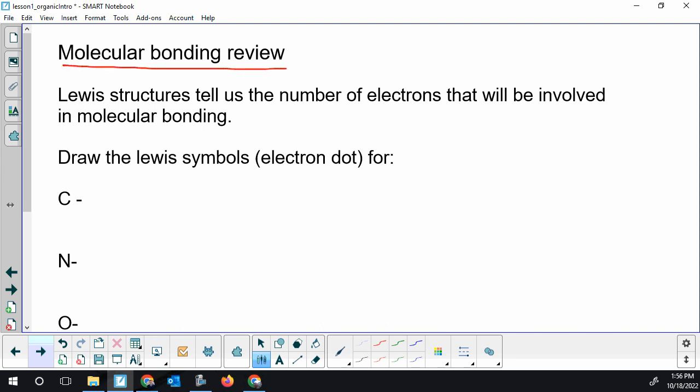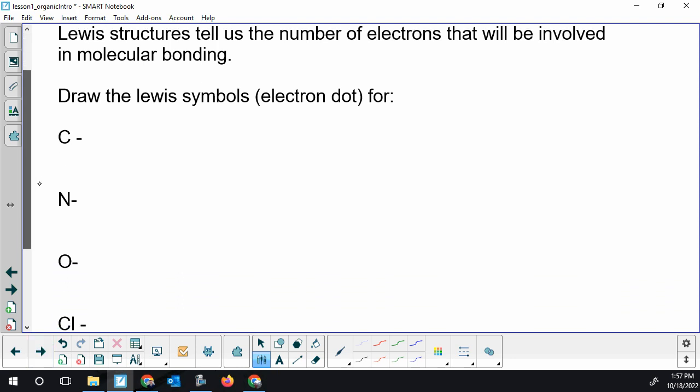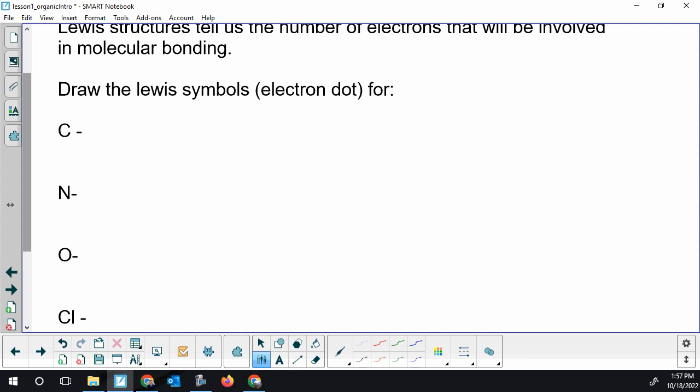I want to recap how many bonds different atoms have. The Lewis structures remind us of how many single electrons we have and how many bonds we're going to get. So I'm going to draw out the Lewis structures for group 4, 5, 6, and 7.